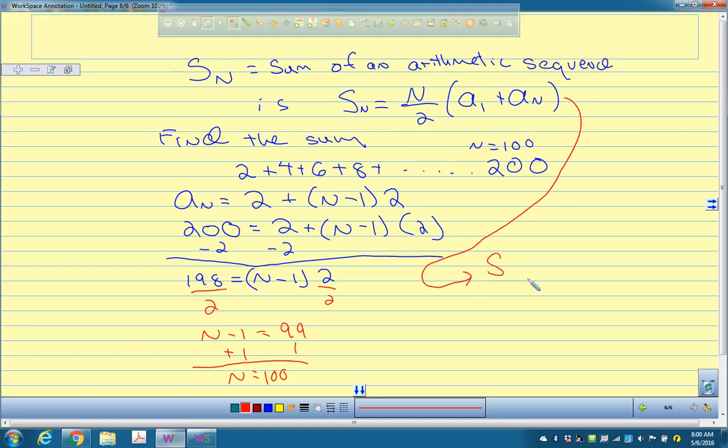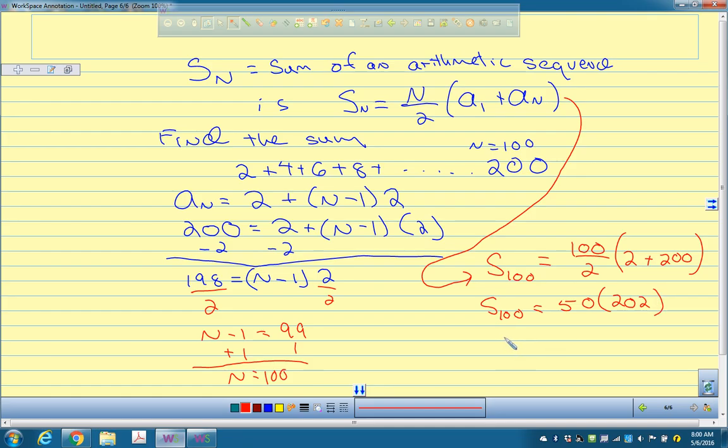The sum of the first 100 terms, in this case S sub 100, is equal to 100 terms divided by 2 times the first term, which is 2, plus the last term, which is 200. Good? It's easy to simplify, so I get S sub 100 equals 50 times 202.